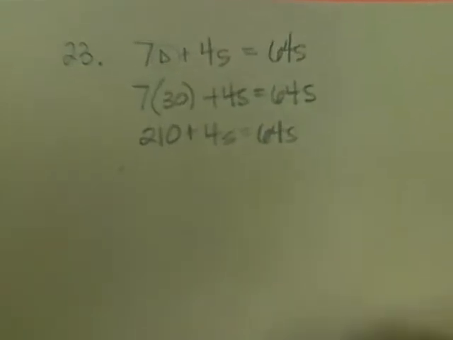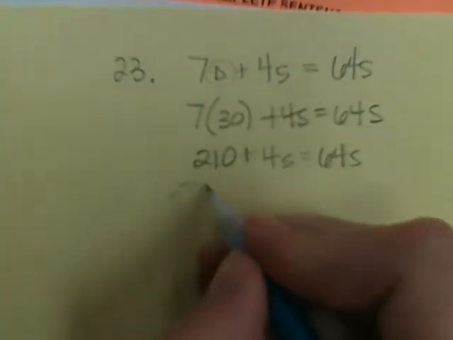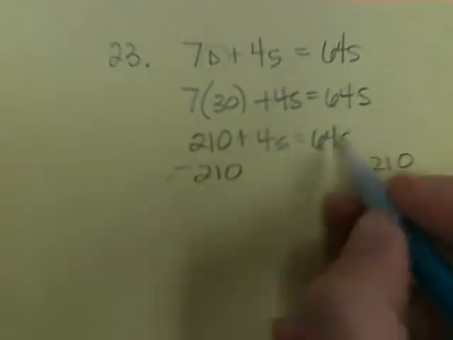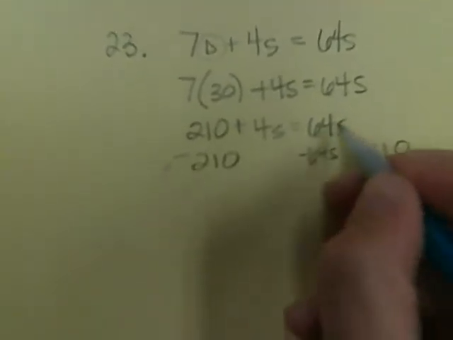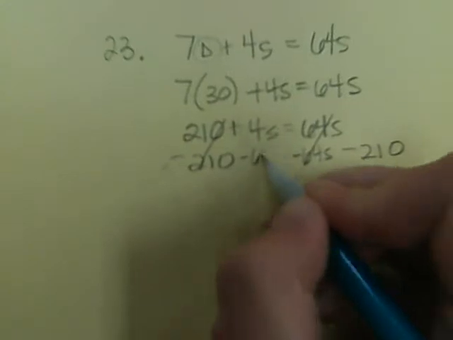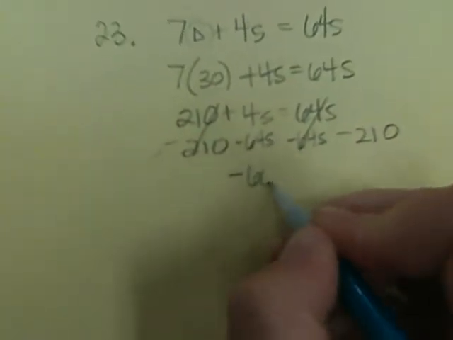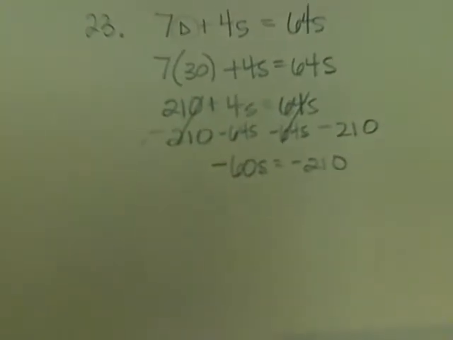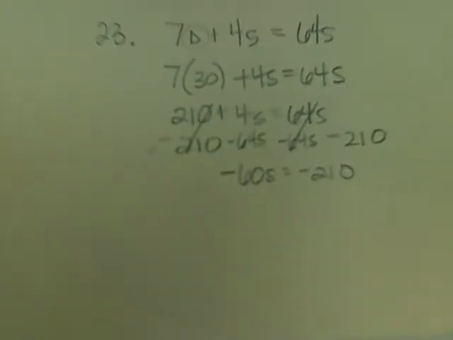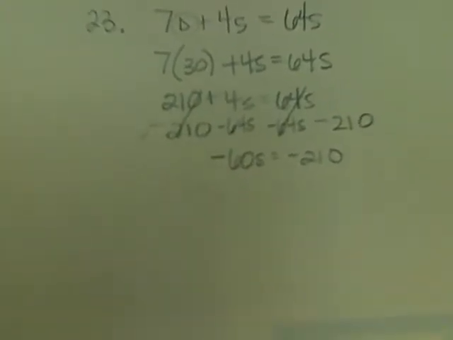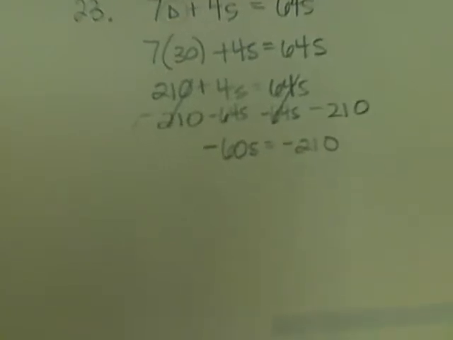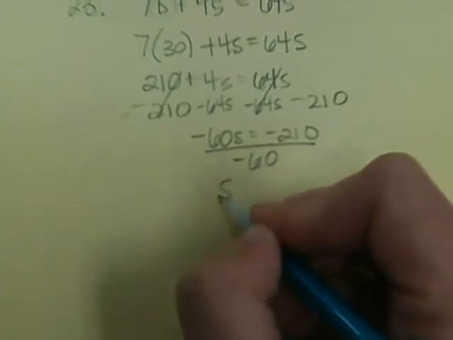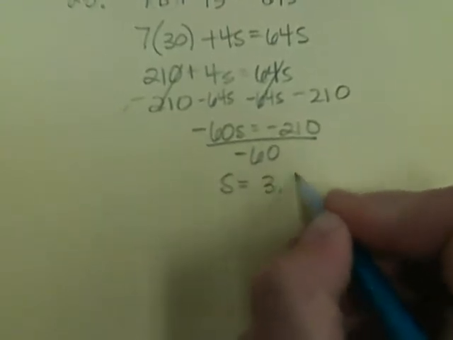I want my variable to stay on the left side, so I'm going to subtract this 210 over, and I'm going to move my 64s all at once. And if I divide by negative 60, I get S equals 3.5.